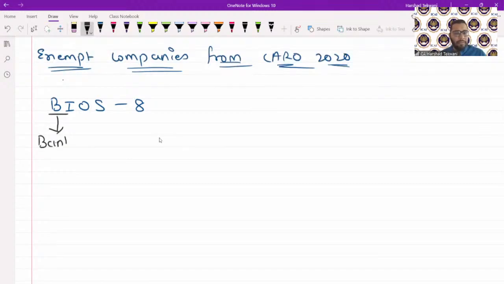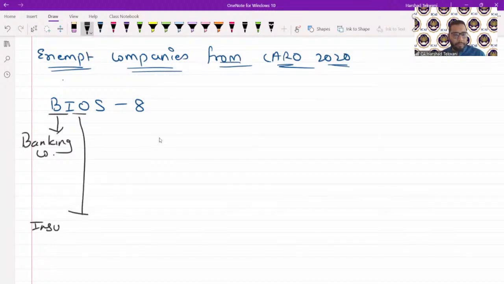B stands for banking company. I stands for insurance company.